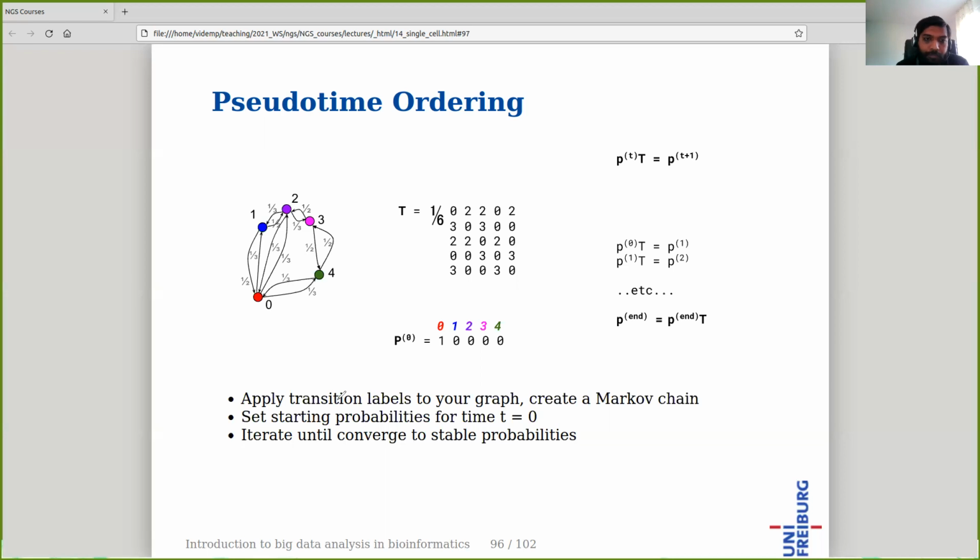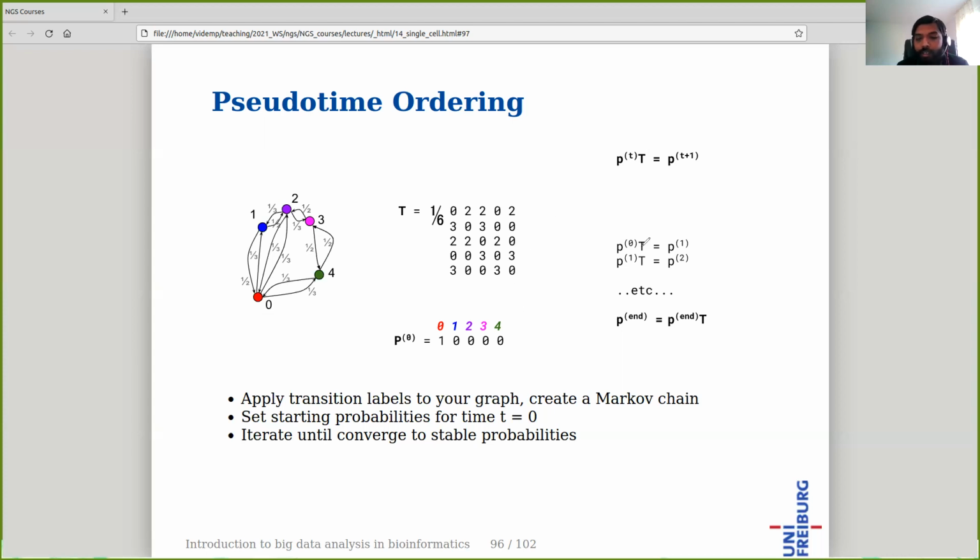Let's say we are now creating a Markov chain. We start with time point 0 with the starting probabilities p0. Let's say we want to visit 0 here, and we initialize with 1 and then the remaining with zeros, and we iterate with this condition. So in each iteration, to compute p(t+1), for time point 1, we take the probabilities from here multiplied by this transition matrix.